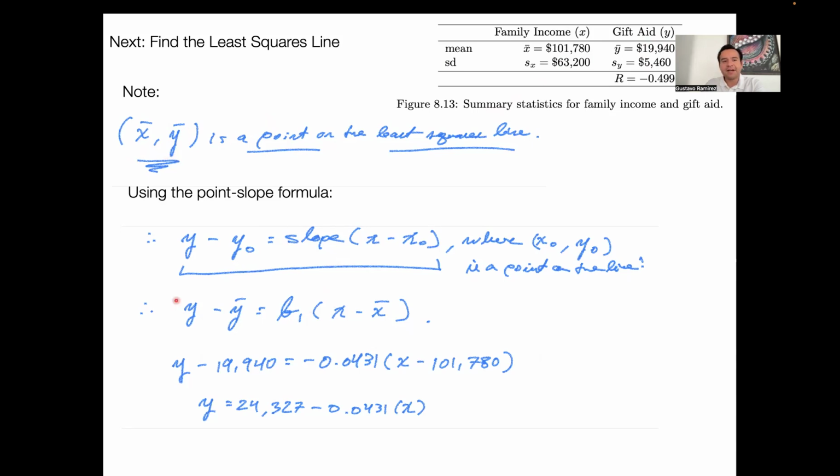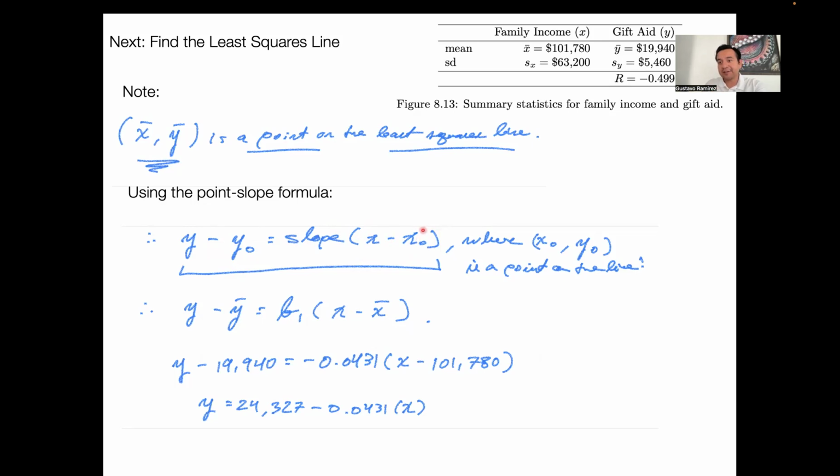With that in mind, you can simply plug the values into this point slope formula. The formula is y minus a y value for a point that's already on the line, which would be the mean for your response variable right here, 19,940, is equal to the slope, which we just calculated one slide ago, multiplied by x minus an x value for a point that's already on the least squares line.